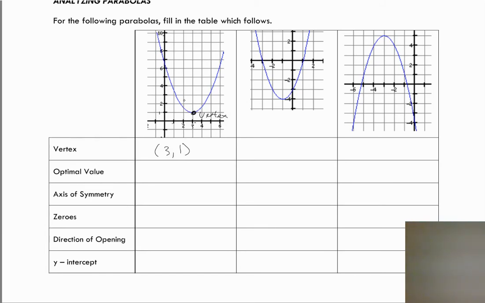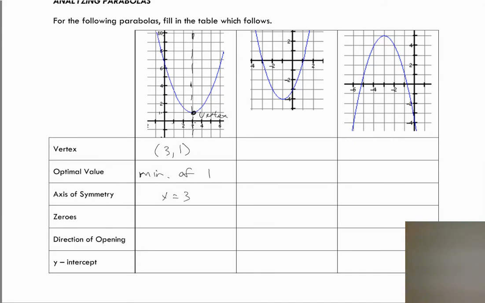What's its optimal value? Well, its optimal value is it comes down and it bottoms out right here at 1. So it has a min of 1. Axis of symmetry, again, it's this imaginary line going through here at x equals 3.